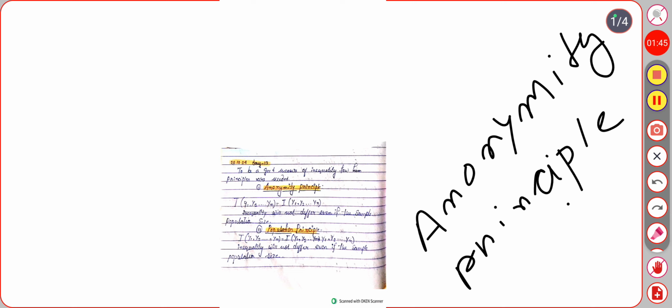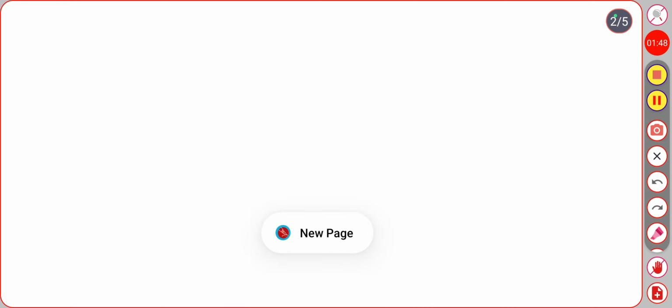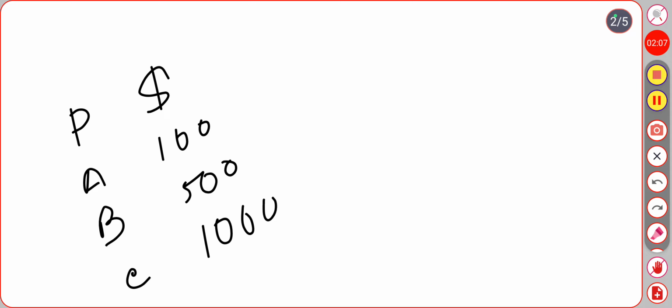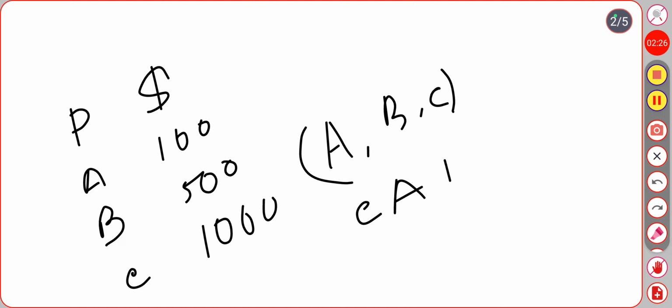Suppose we consider three individuals, persons A, B and C, with income levels of $100 for A, $500 for B and $1000 for C. According to the anonymity principle, the income inequality calculated for this community would be the same regardless of whether we listed the incomes as A, B, C, or CAB or BCA.